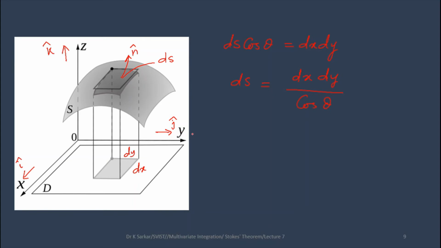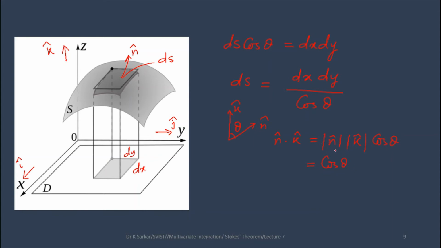Let us take the angle between n and k as theta. So n dot k is modulus n modulus k cos theta, which is cos theta only.